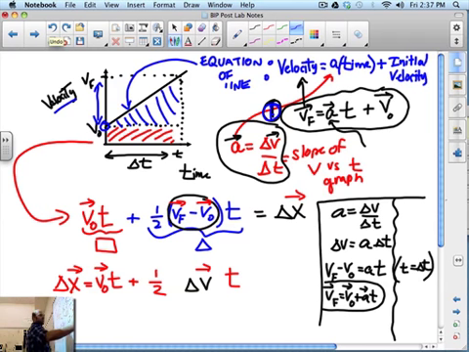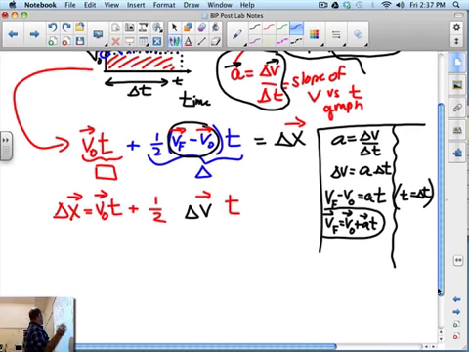Now I'm going to do the same sort of thing over here with my equation for displacement that we got by finding the area of the rectangle plus the area of the triangle. Now I'm going to do a trick right here. I'm going to multiply by t over t, okay? So this is just multiplying by 1, but it's in a clever form. Let's rewrite this.